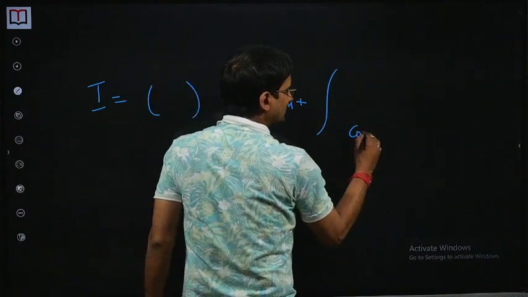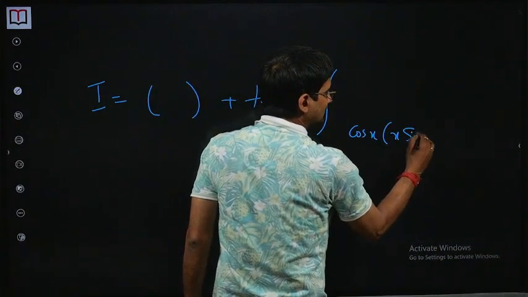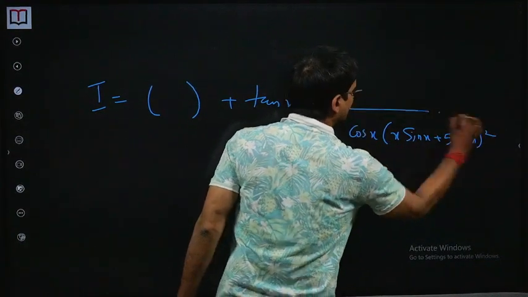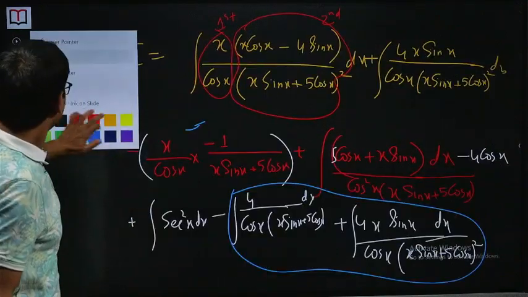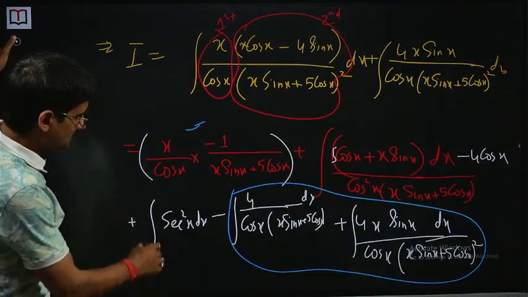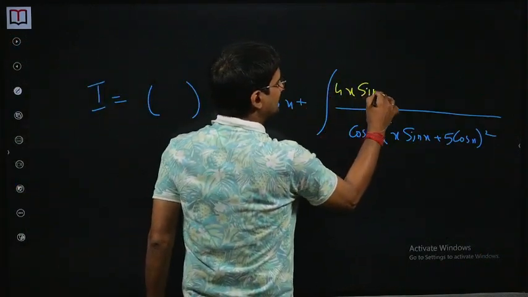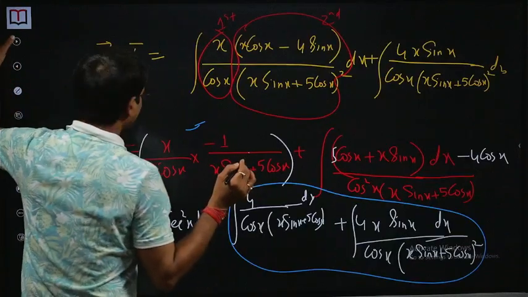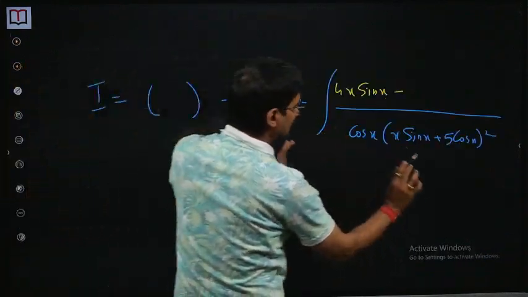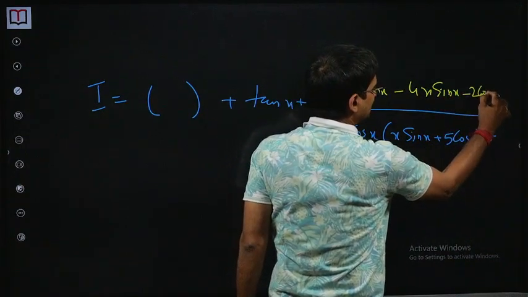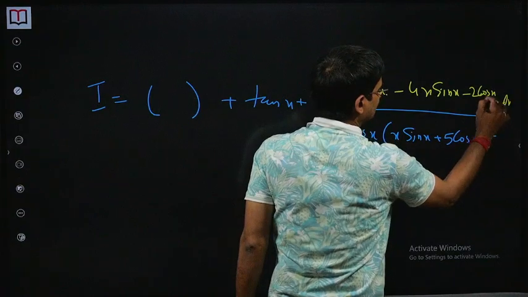Integral. So it's cos x into (x sin x + 5 cos x) whole square. Fine. So again, 4x sin x as it is, minus, I think it's just 4, okay, minus 4x sin x minus 20 cos x dx.